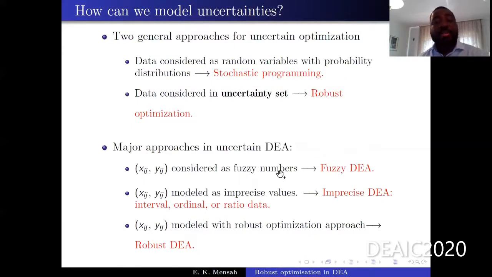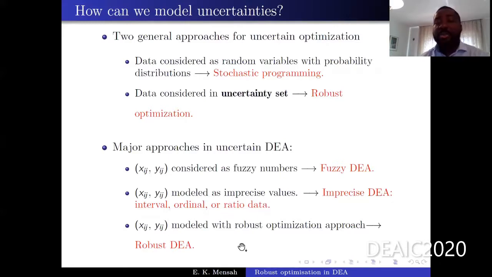Now, in the optimization literature, there are two main approaches to model uncertainties: stochastic programming and robust optimization. Also, in the uncertainty literature, we've had different approaches. We have the fuzzy DEA, which was proposed by Sengupta in 1992. We have the imprecise DEA by Cooper et al. in 1999, which takes care of interval, ordinal, and ratio data.